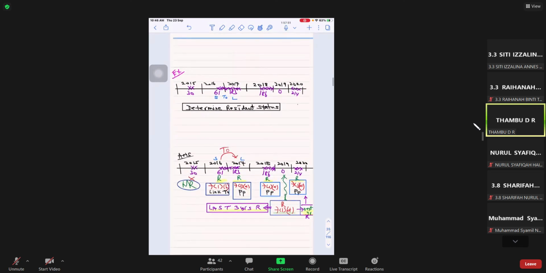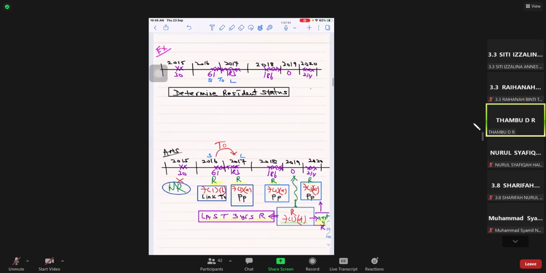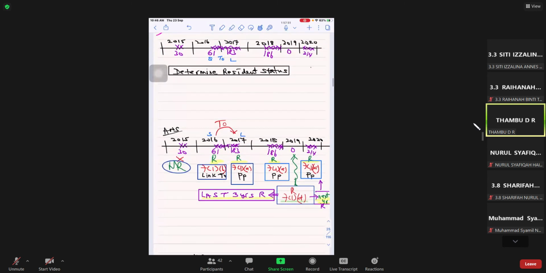Tengok. As I told you, ini tak boleh. Yang ini link to. This one, more than 182. More than 182. More than 182. Yang ini 71D, because last 3 years you are resident.